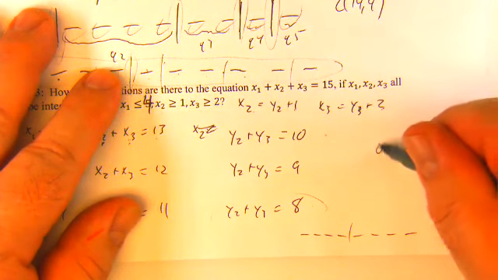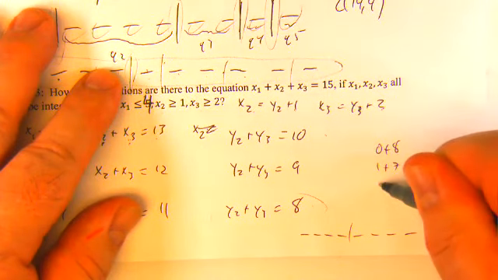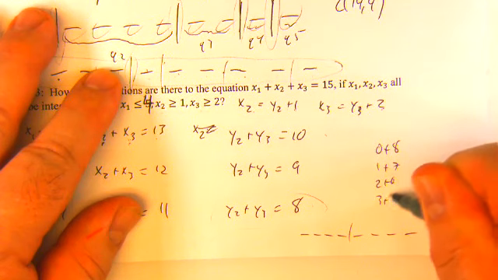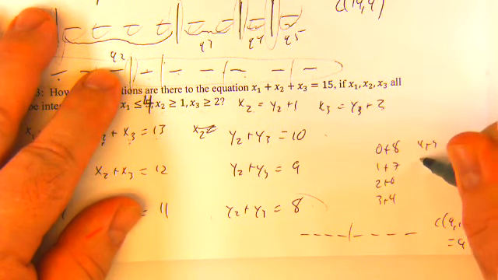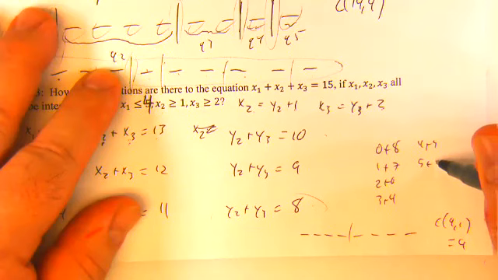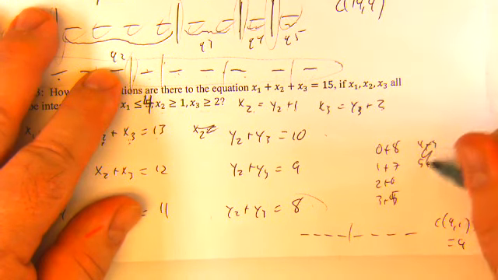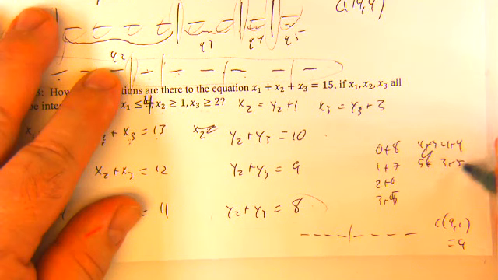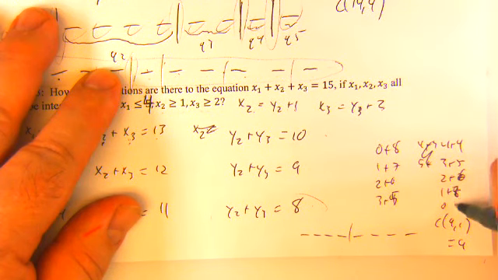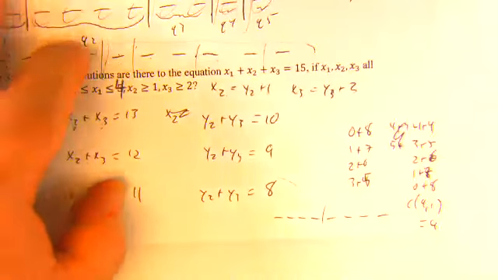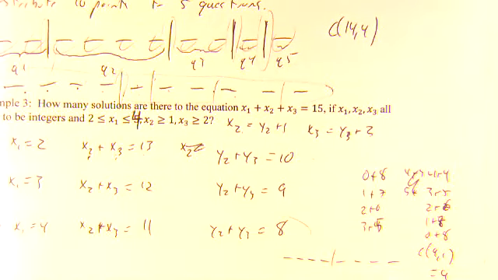Well, you could go 0 plus 8, 1 plus 7, 2 plus 6, 3 plus 5, 4 plus 4, 5 plus 3, 6 plus 2, 7 plus 1, 8 plus 0. There we go. So there's my 9 ways to add 2 numbers together and get 8.